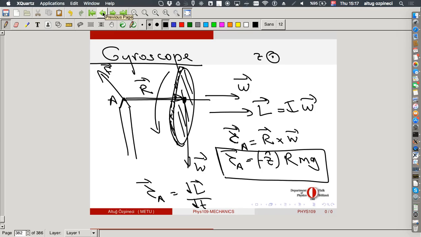Gravity is symmetrical, and it will try to cause this thing to fall down. What prevents it from falling down, what causes this suspension point to exert a force in that direction, is mainly internal forces acting between different parts of the system. And that clarifies why the gyroscope persists.